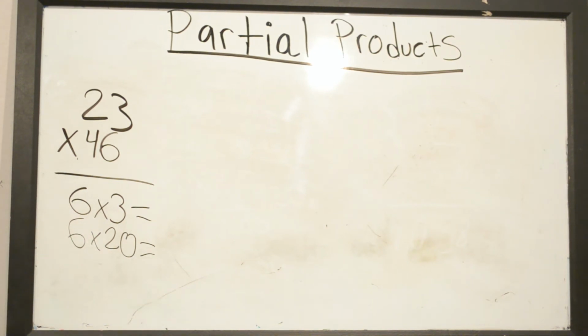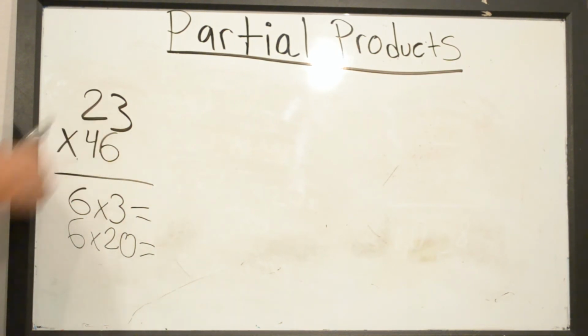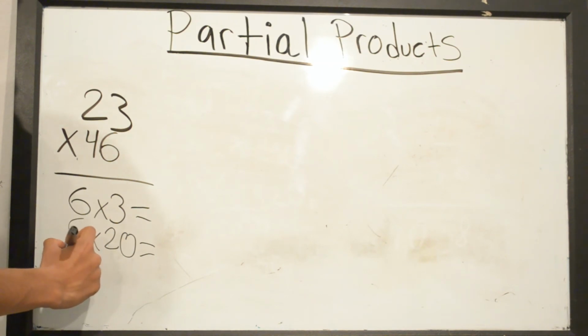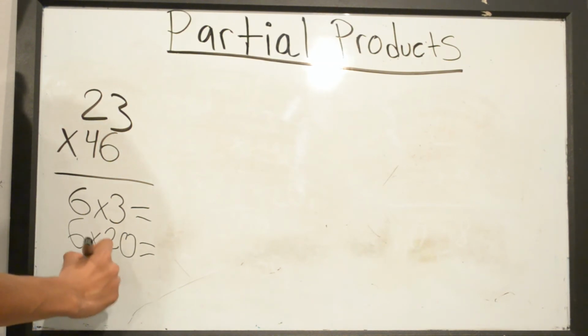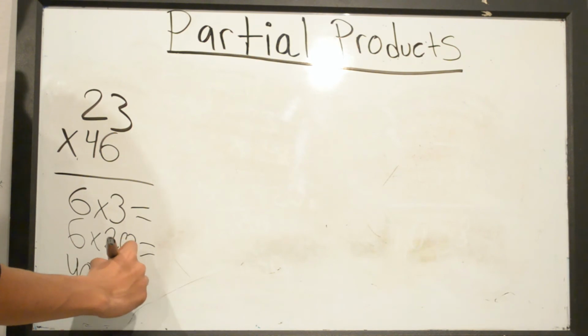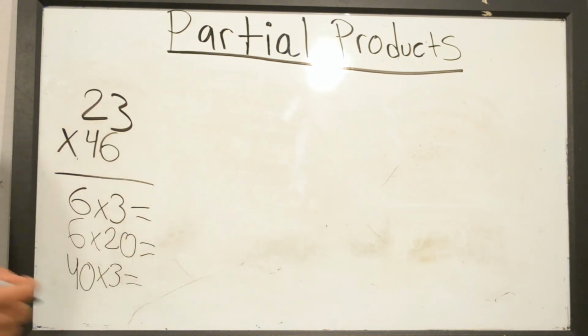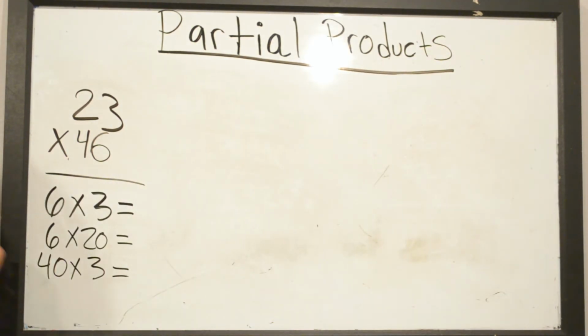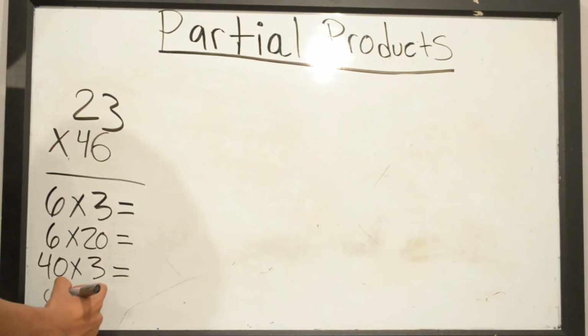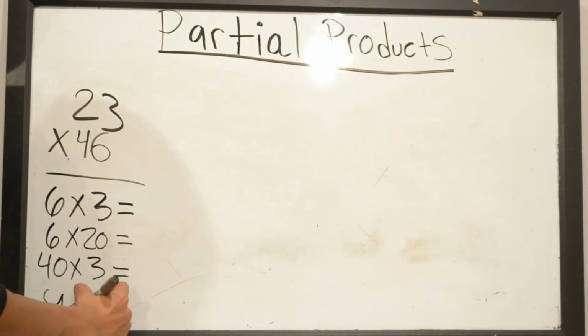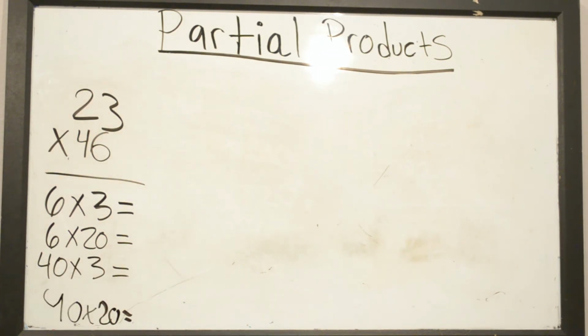Now we multiply 40 times 3. Now we multiply 40 times 20. The reason why we multiply 40 times 20 is because the 4 is in the tens place and the 2 is also in the tens place.